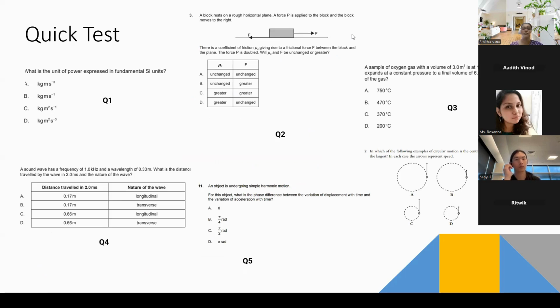You can put in the options starting from question 1. If I give your name, I expect you to put an answer in the chat box. Okay, Adit, can you help me with question 1? What do you think? So this is an idea of what you can expect in the next few sessions.